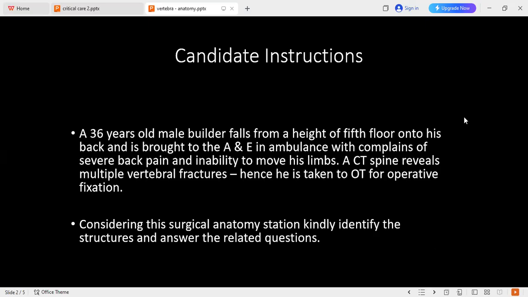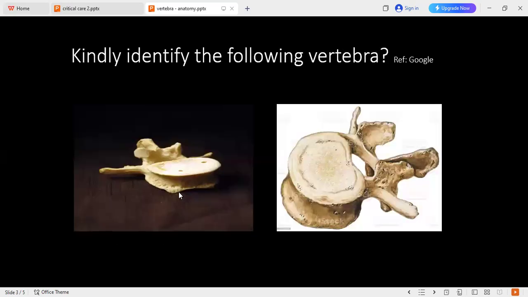Okay. All right. If you have read and understood, considering it a surgical anatomy station, please tell me what you are looking at in both images. Which vertebrae is this?